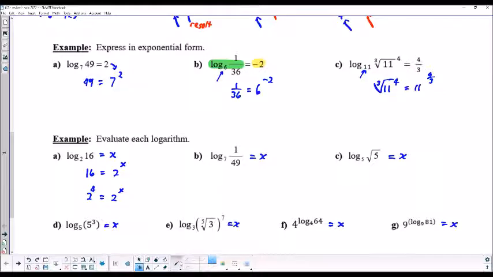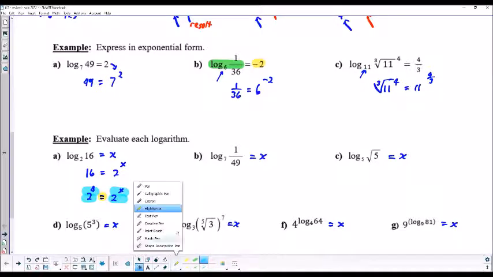So this is telling us now that we have an equivalence. We know that 2 to the power 4 is equal to 2 to the power x. The other thing I notice is that the bases are the same.